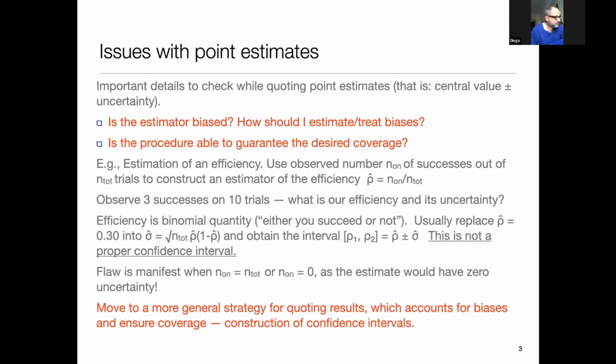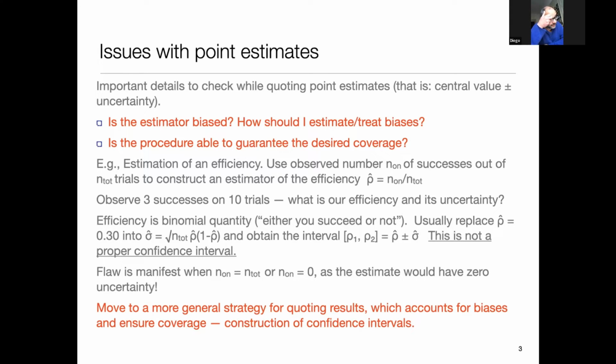When it comes to determining the uncertainty, the standard deviation of this efficiency, typically you would take the binomial uncertainty. You have this formula here, and you obtain the interval rho 1 to rho 2, or the point estimate rho hat plus or minus sigma.